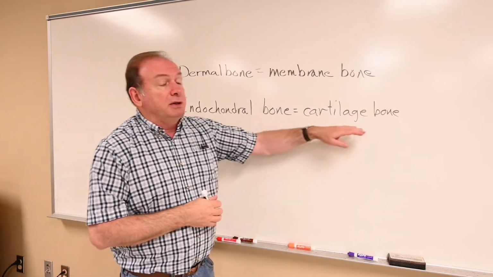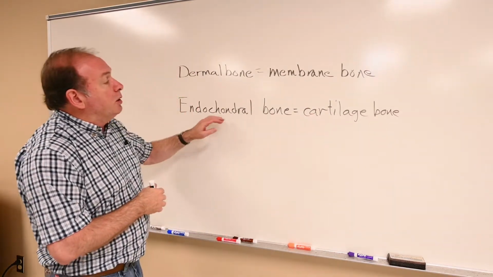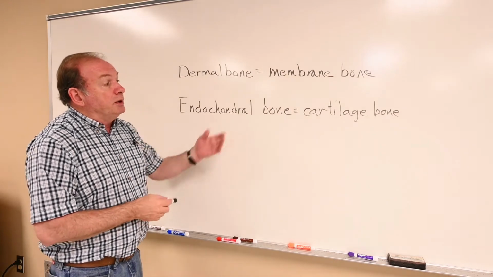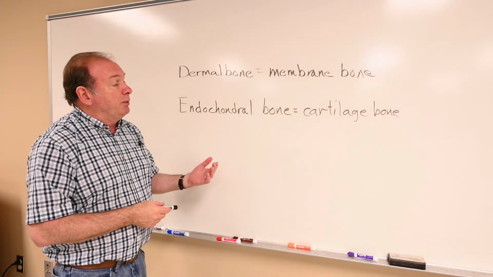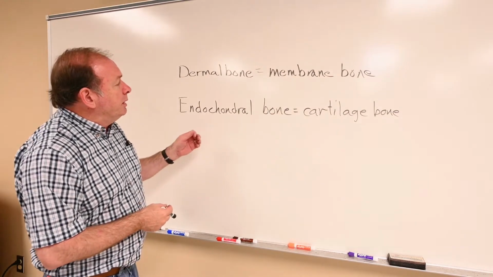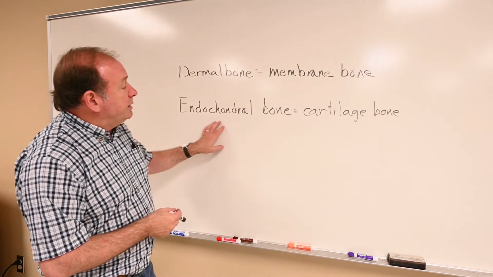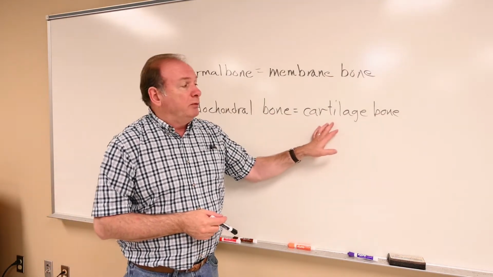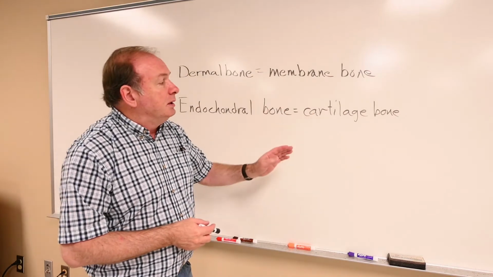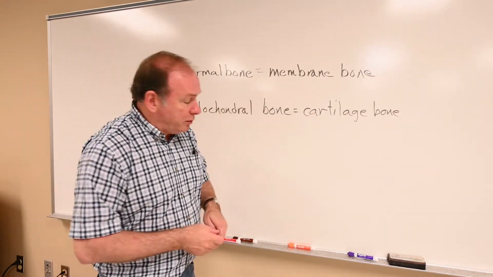So it's first cartilage and then it becomes bone. These are two different processes of bone formation. I'm going to illustrate the process of endochondral bone formation in a series of drawings, and then later we'll talk about dermal bone.